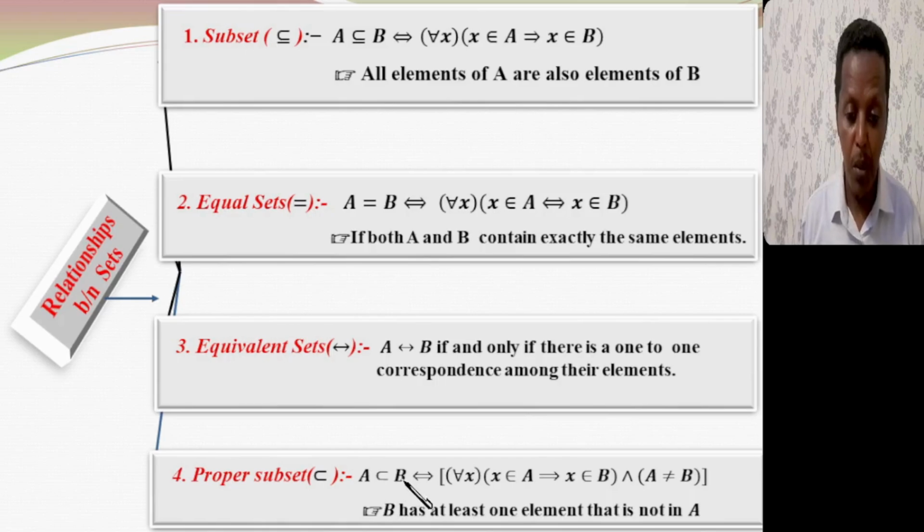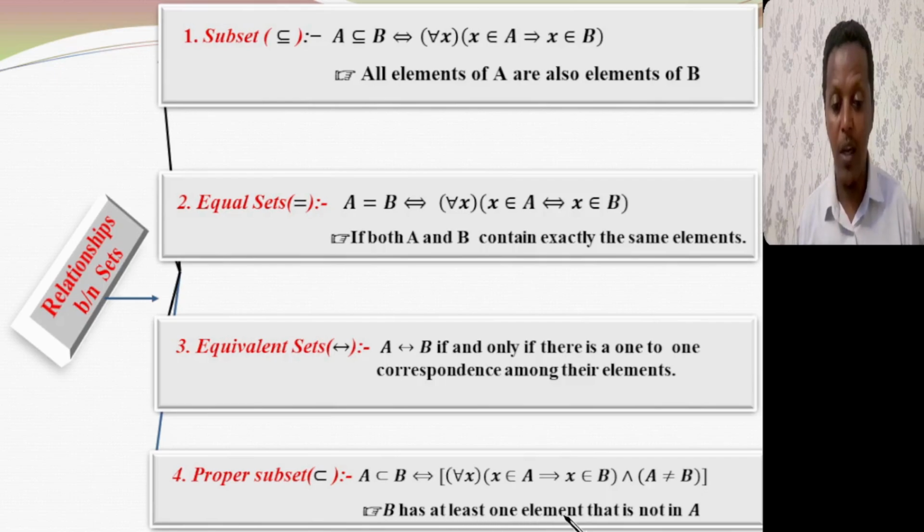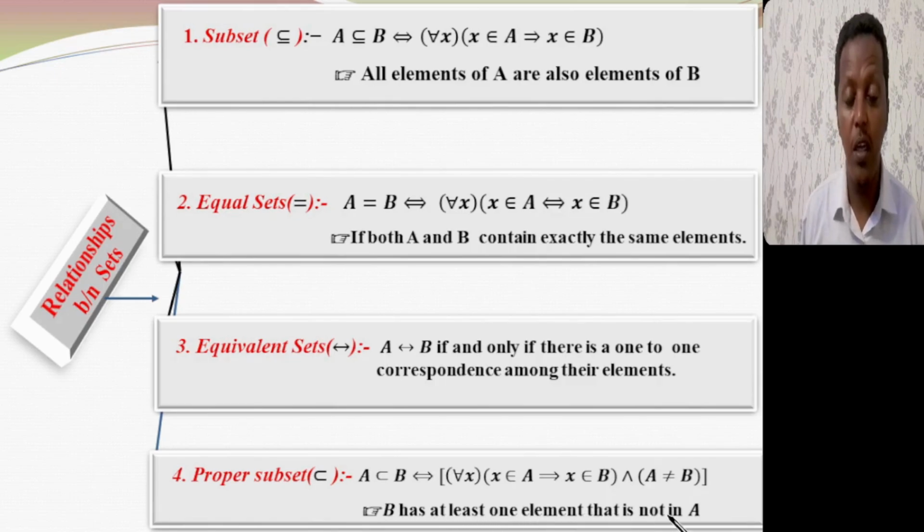A is a proper subset of B if and only if for all x, x in A implies x in B. That means all elements of A are elements of B, and this is a conjunction, and A is different from B. All elements in A are in B, but B is different from A. B is different from A means there must exist at least one extra element in B that is not in A.